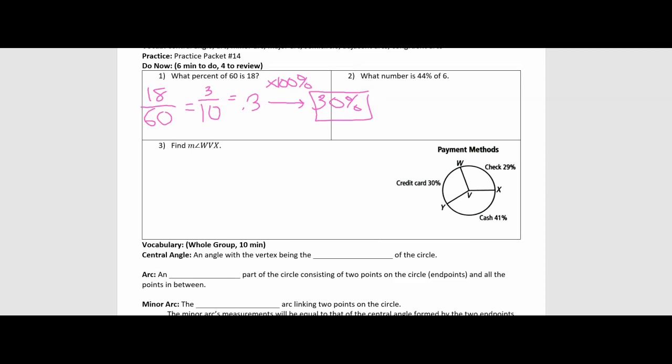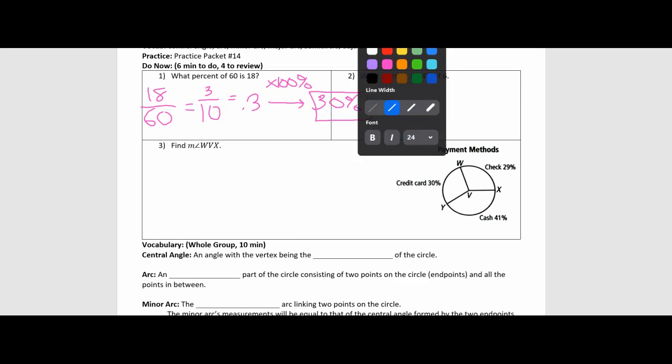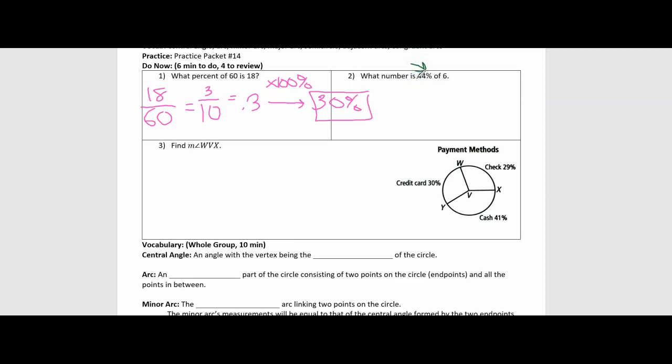Number 2, we kind of got to work the other way. It says, what number is 44% of 6? Well, we know that 44% is going to be equal to 0.44 as a decimal. And we could do some pattern matching here. If we look at this equation right here, I'll just write it out again, 18 over 60 is equal to 0.3.